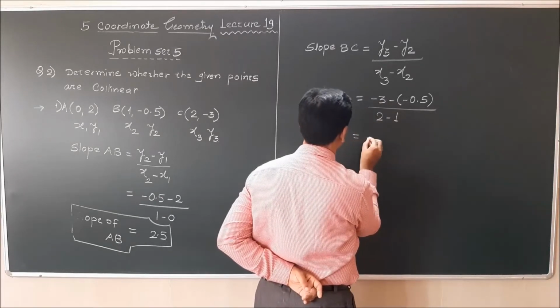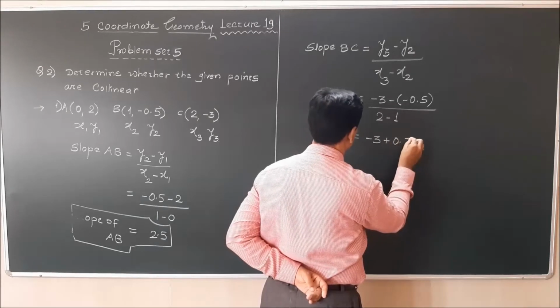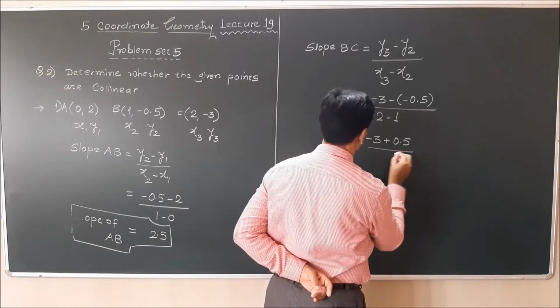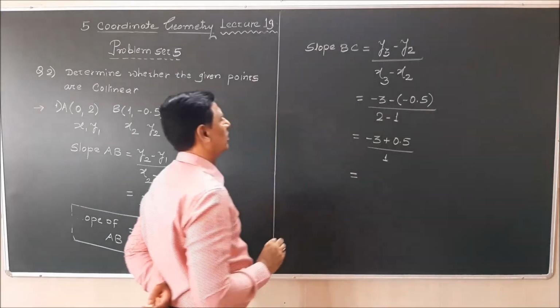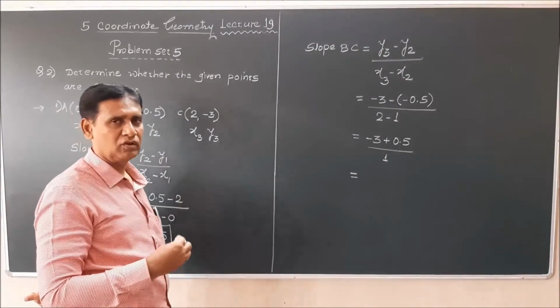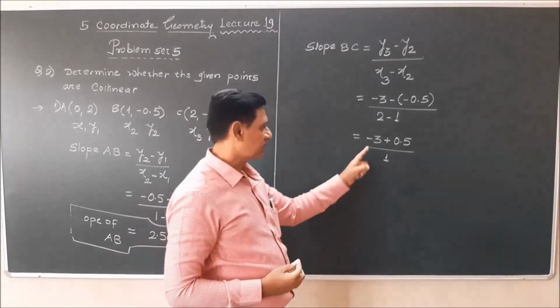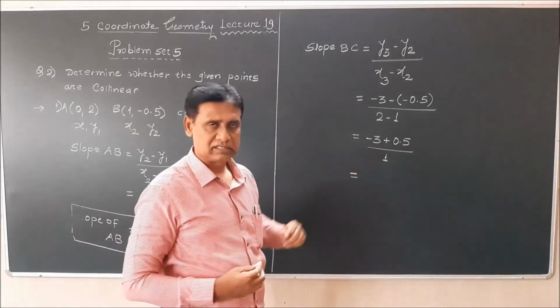That is equal to minus 3 plus 0.5 upon 1. That is equal to, now minus 3 plus 0.5, you all know it, which is the greater number? 3. What is the sign of 3? Minus.